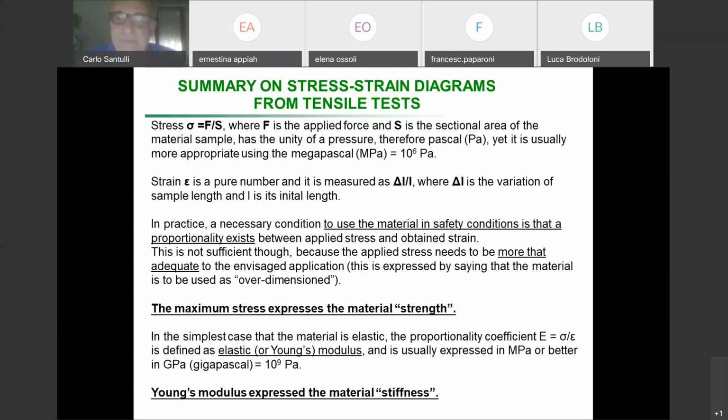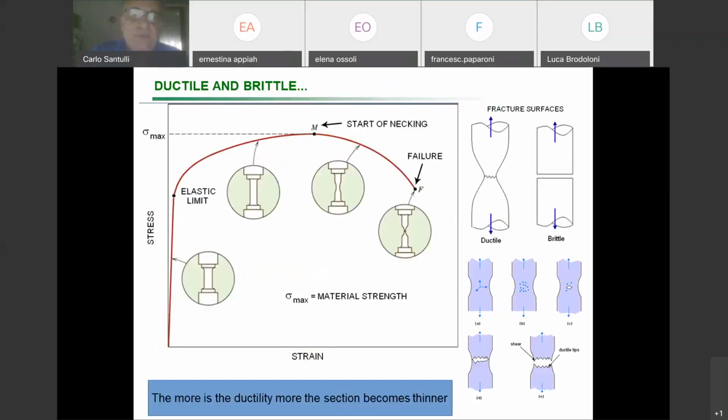So the maximum stress you get is the material strength, which in some cases, as you may remember with steel, you don't want to get to the maximum stress because the material is no longer elastic.